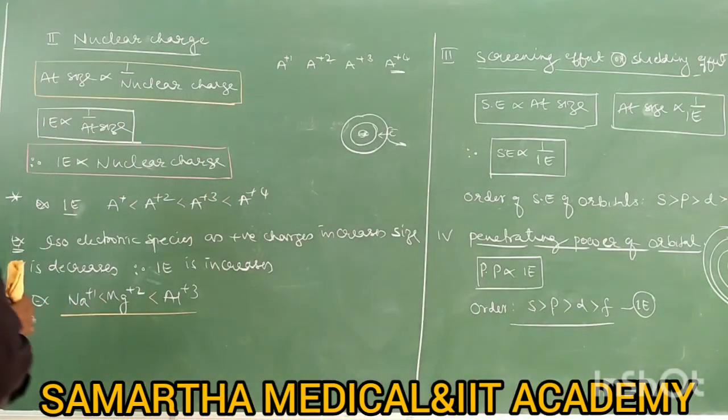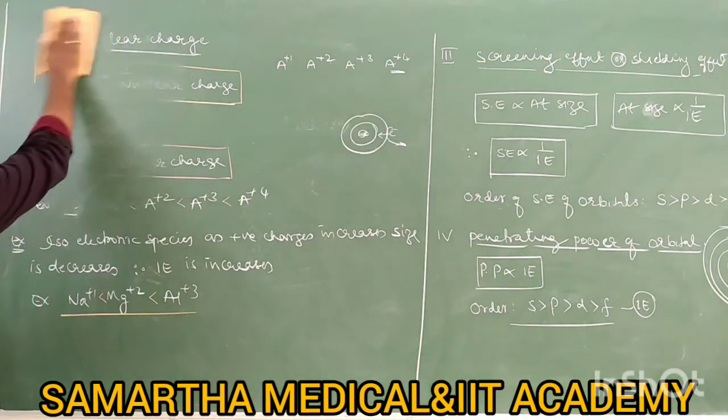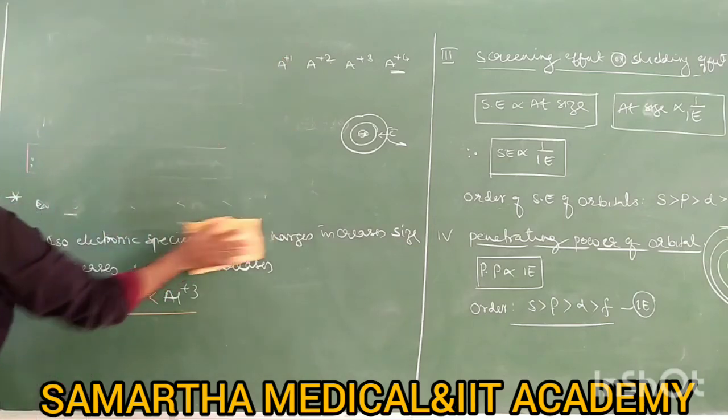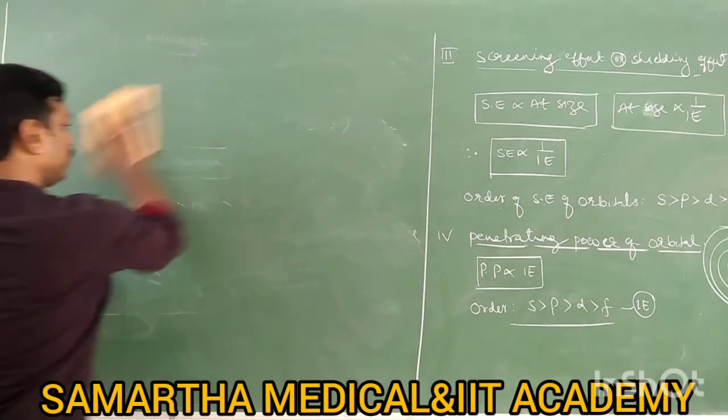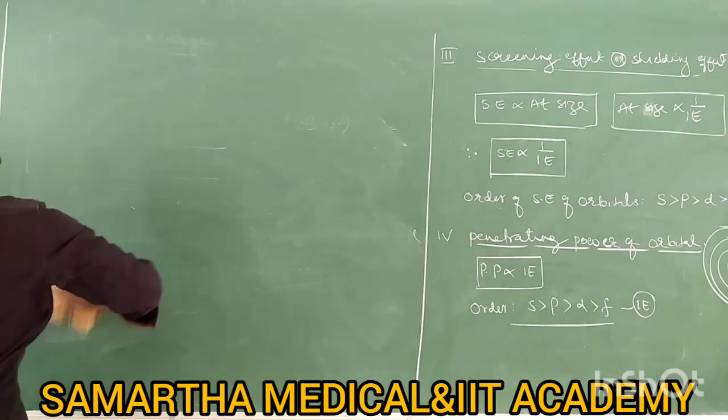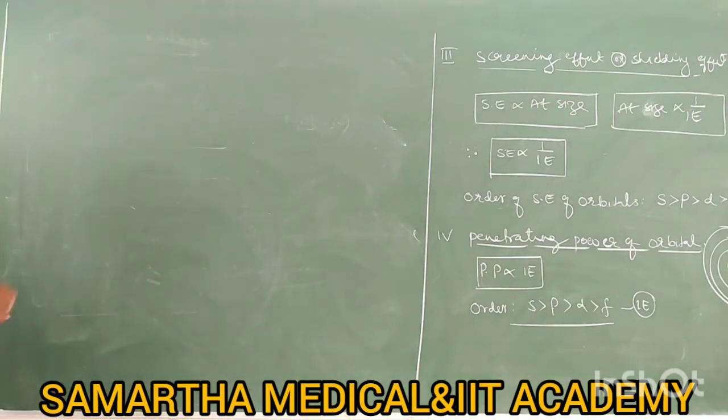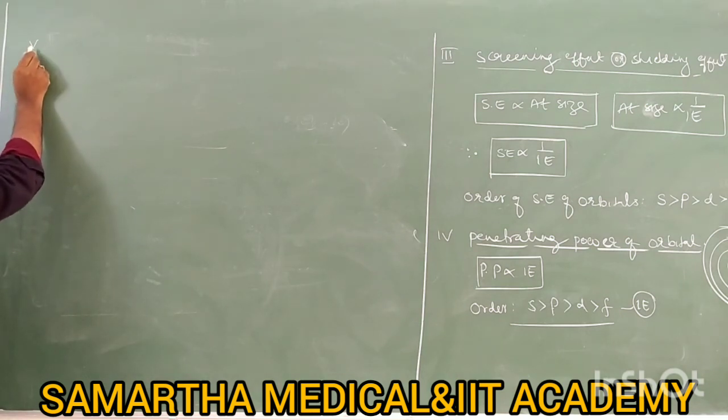Then the last factor is half filled and completely filled orbitals. We have already studied this. The fifth factor is half filled and completely filled orbitals.